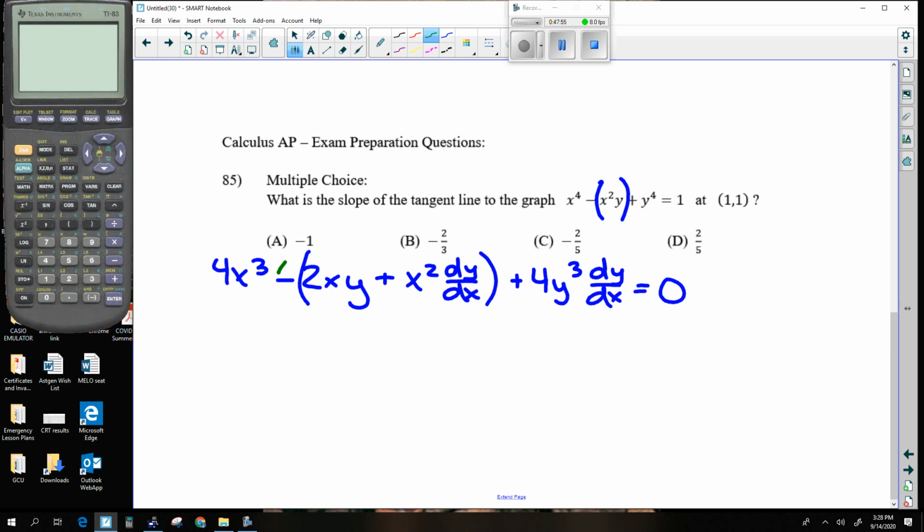Okay, so again, this minus comes in, and so just be conscientious of that.